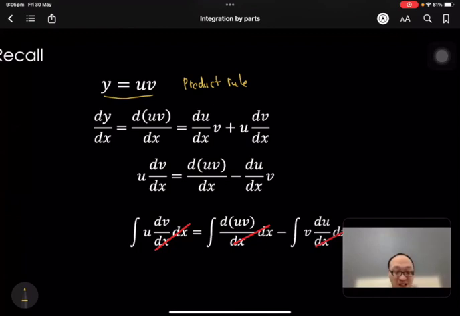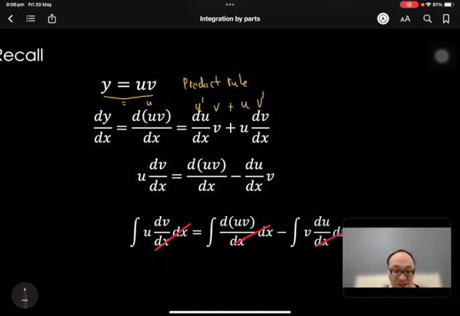So if we see the equation of the product rule, when we have y equals uv, the derivative of y is equal to u prime v plus uv prime, where u prime and v prime are the derivatives of u and v with respect to variable x.